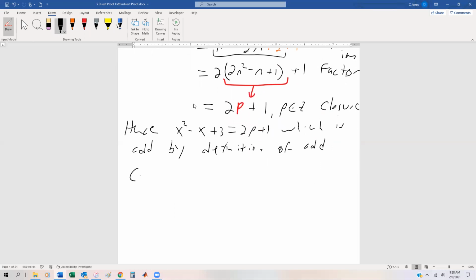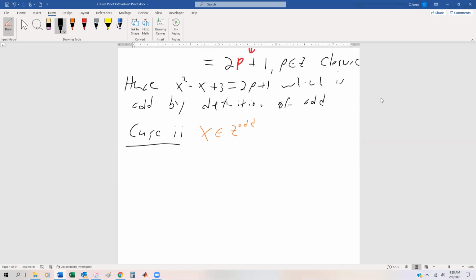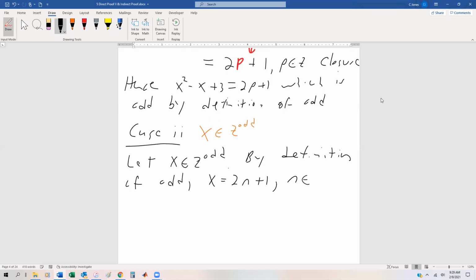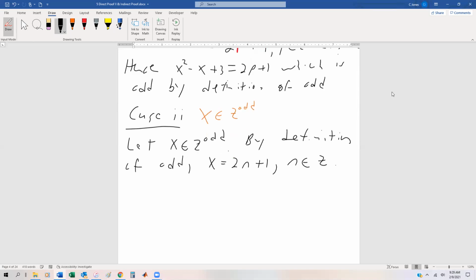So now we're going to go ahead and verify case 2. And case 2 is going to be where x is an element of z odd. All right, so this is a little bit tougher because of the algebra, not too terrible. So we're going to say, let's let x be an element of z odd. And by definition of odd, we're going to say that x is equal to 2n plus 1, where n is an element of the integers.